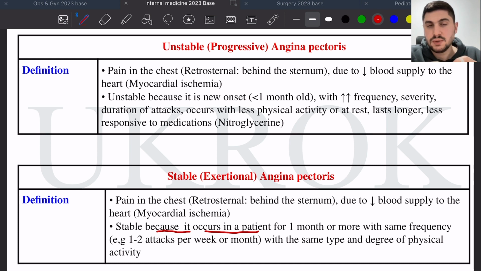It can be relieved by rest or by nitroglycerin, these pills under the tongue that dilate the vessels and decrease the work on the heart. So the patient knows the type of physical activity and everything about this.